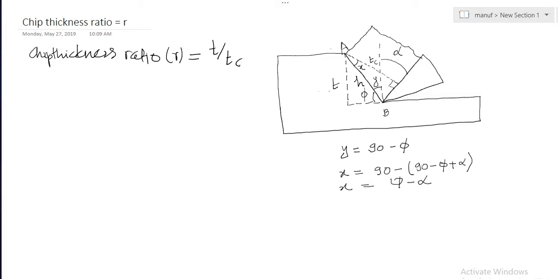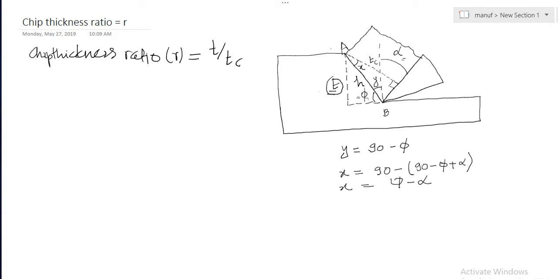Before cutting the material we have a thickness t, and after cutting it changes into tc. So this is known as chip thickness ratio. Now, how is this chip thickness ratio related to the shear angle phi and the rake angle alpha? We are going to derive that relation.